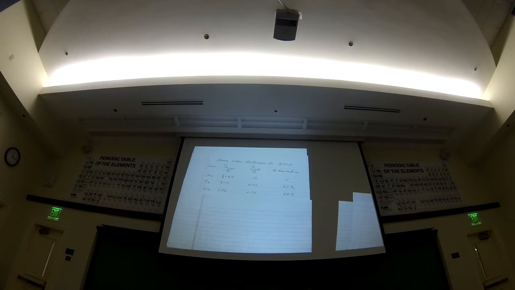Chlorine, a little heavier molecule, and just easier to shake. And we get about 58%. Now I put oxygen in here, and I realized I couldn't do that, and I'll tell you why. So I'll scratch that out. Nitrogen, we just talked about that, 0.3%.